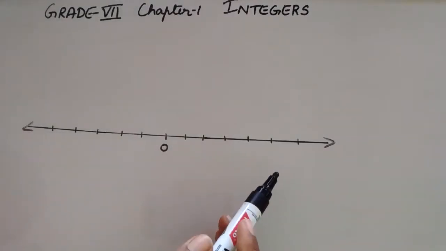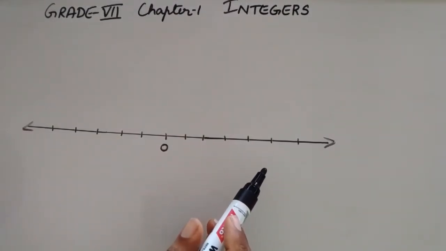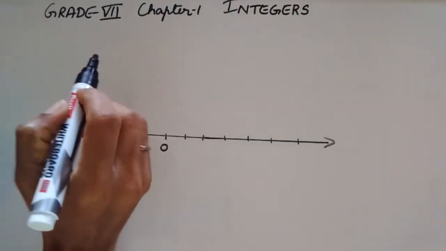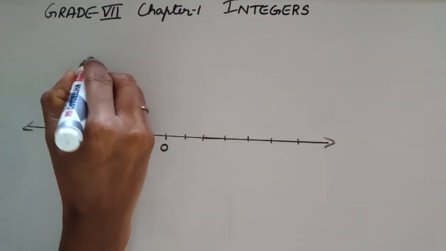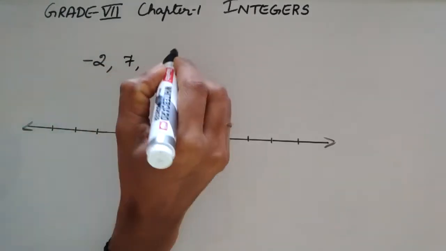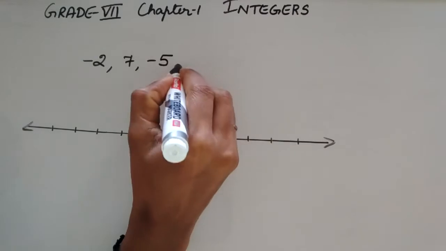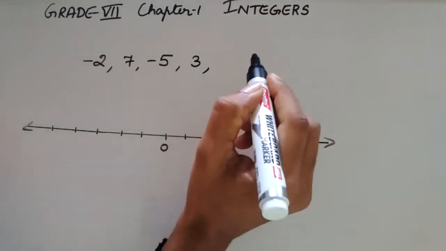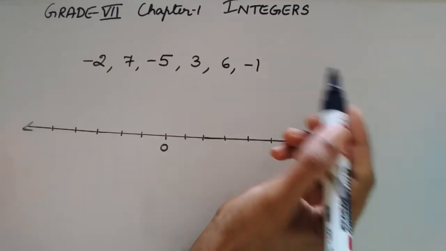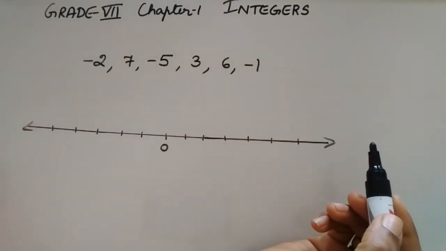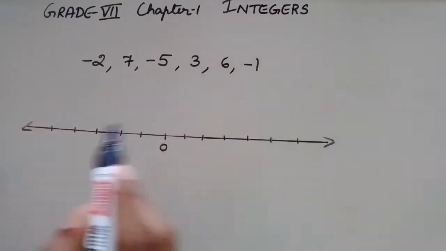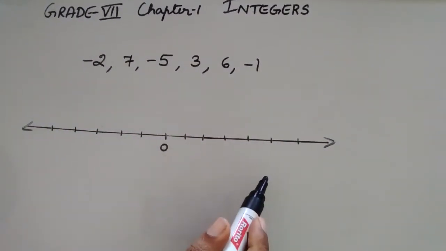Students, this is a number line. Now let me write a few examples of integers. For example, -2, 7, -5, 3, 6, -1. Okay, all these are integers. Now let us represent these integers on this number line.